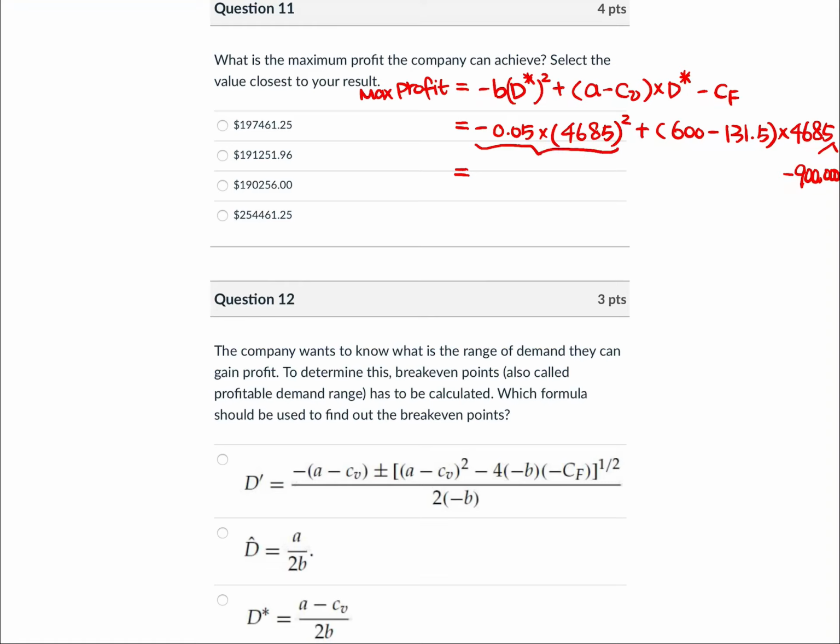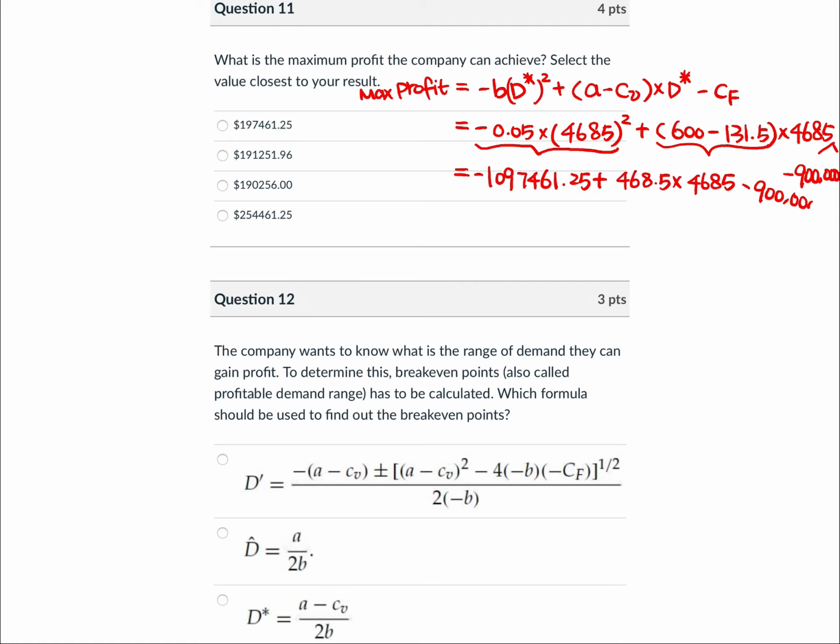So this term, you will get minus 1,097,461.25. And then this, you will have 468.5 times 4,685.